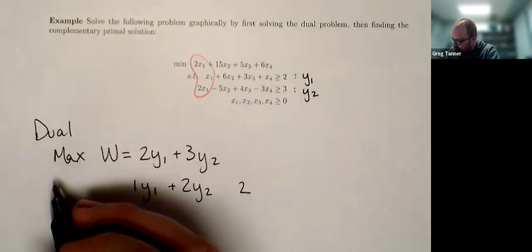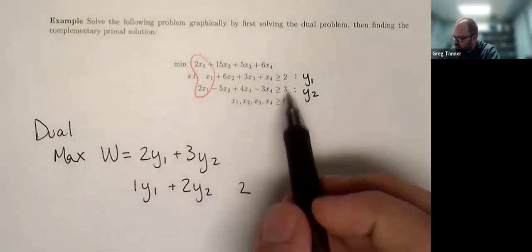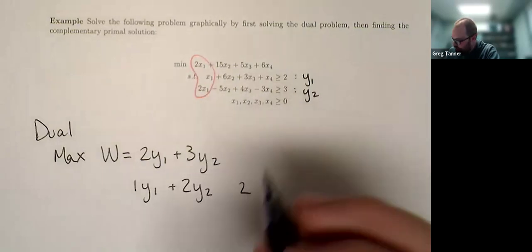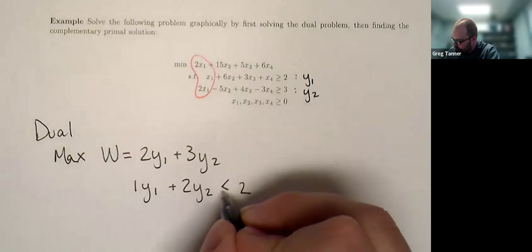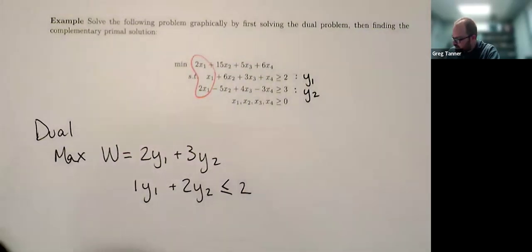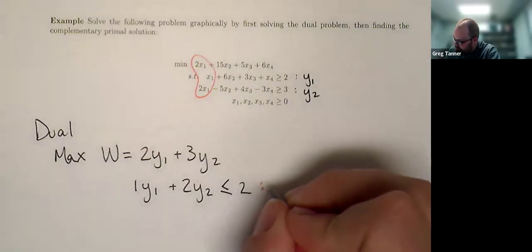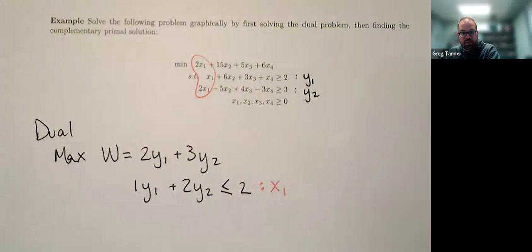And these are going to be maximization problems because the original constraints were minimization with greater than. These will be maximization with less than or equal to's.